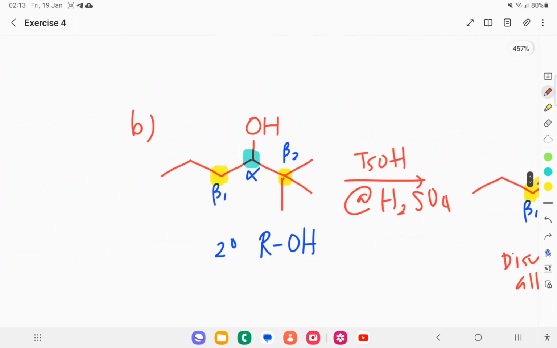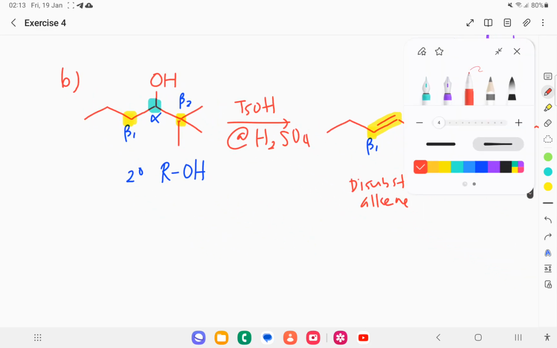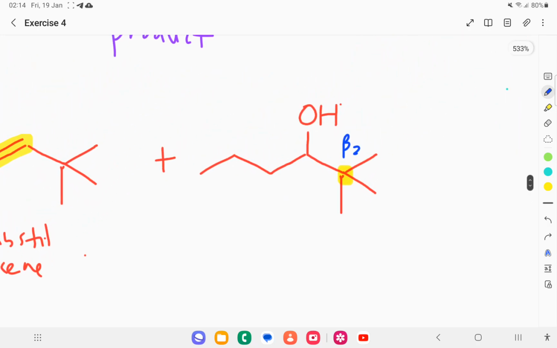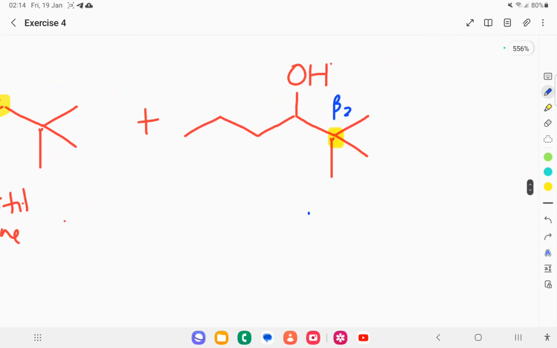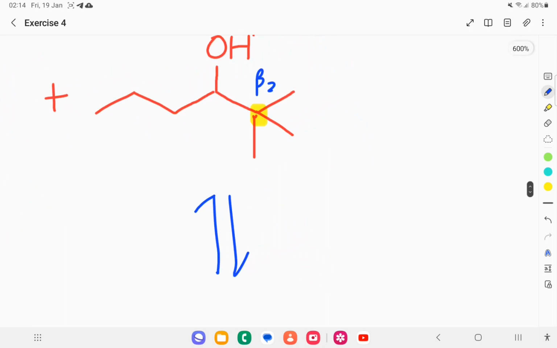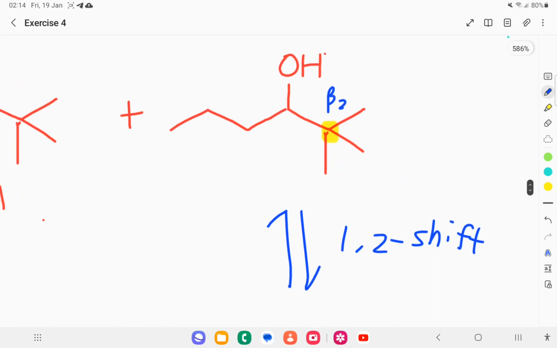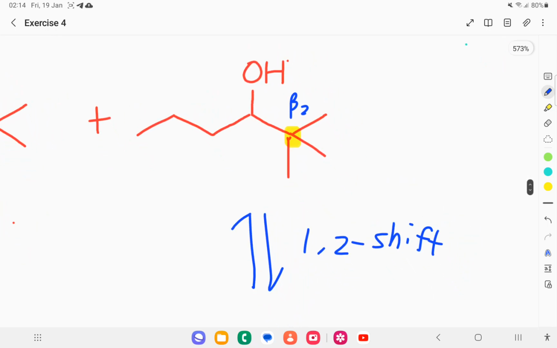Because this is a secondary alcohol, we can rearrange to get a more stable carbocation, which is a tertiary one. So I will show you the rearrangement. A 1,2 shift.